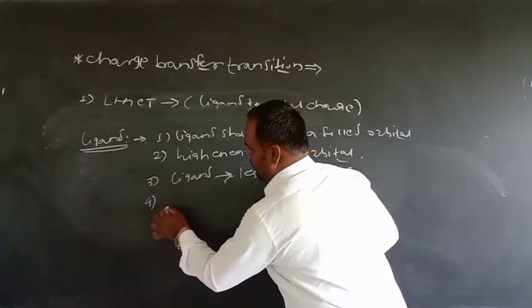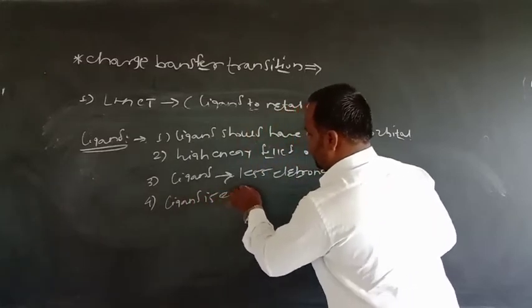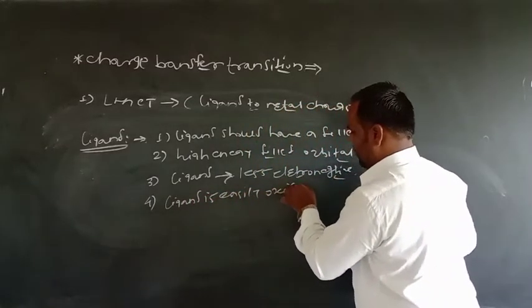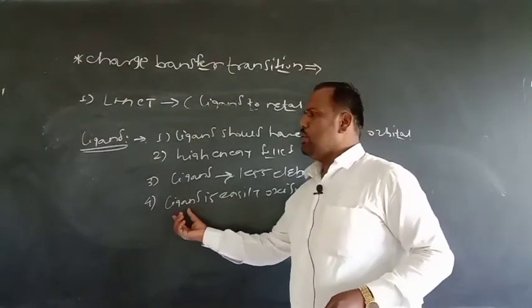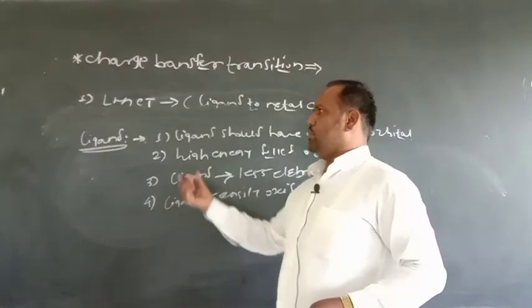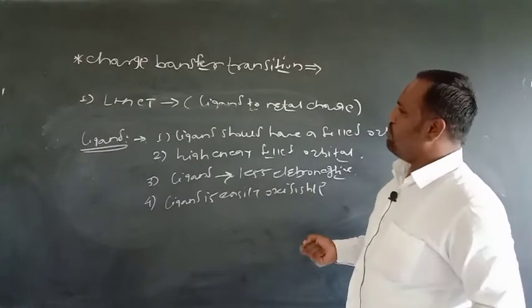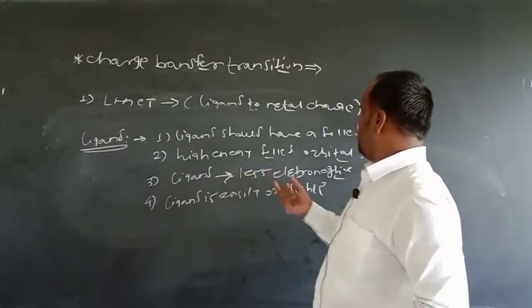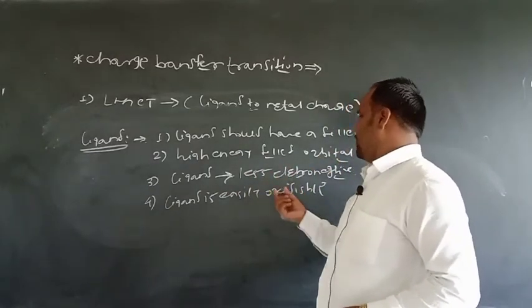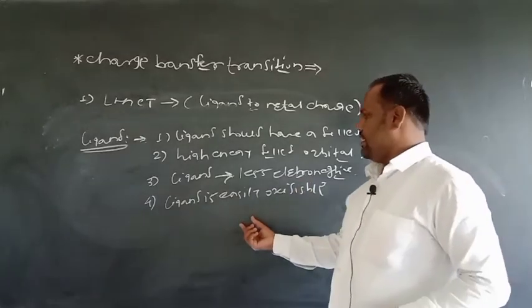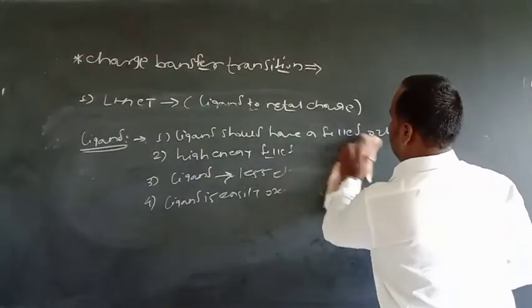So the fourth characteristic is that the ligand is easily oxidizable, which means it easily loses the electron or transfers the electron to the metal orbital. So these are some important characteristics of the ligand: it should have a filled, high energy orbital, less electronegativity, and be easily oxidizable. Let us consider the metal.